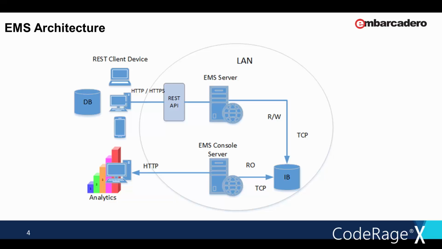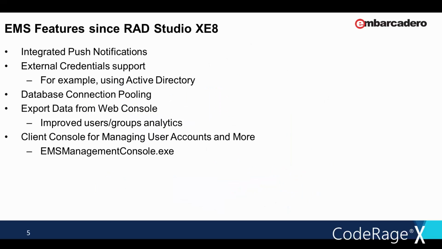So that's all exciting. And lastly, we added a bunch of cool new features inside of the EMS server. So we improved using REST API publishing. I spoke about the external credentials for user authentication and authorization, like plugging it into Active Directory or LDAP. We added push notification server support for iOS and Android, so you can deliver event-driven notifications to the end user's devices through EMS.